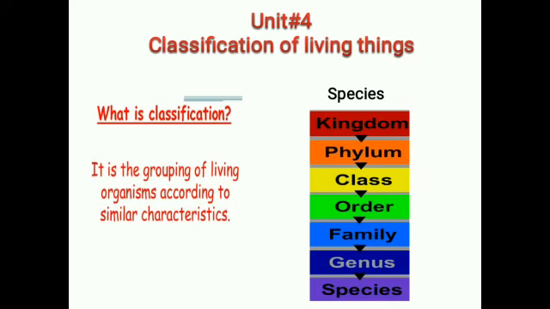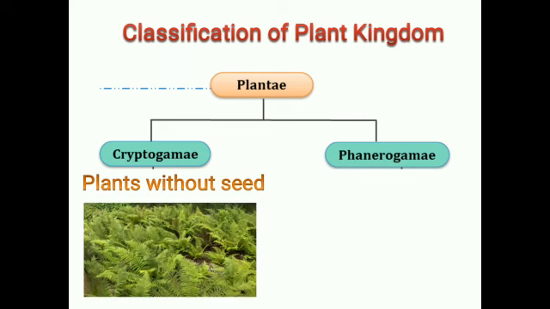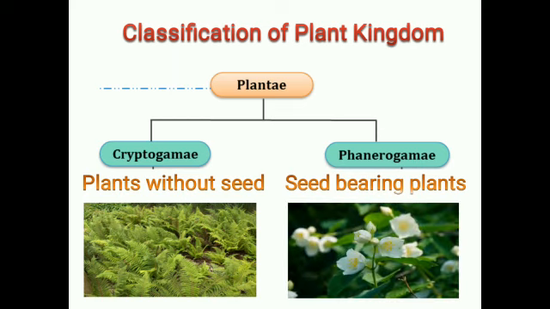In your previous class you learned about the classification of the plant kingdom. The plant kingdom is divided into two major groups. The first is cryptogams and the second is phanerogams. Cryptogams means the plants without seeds, and phanerogams means the seed bearing plants.